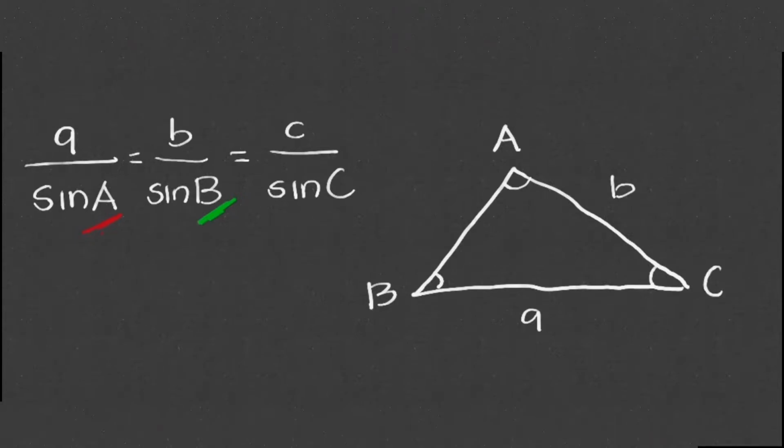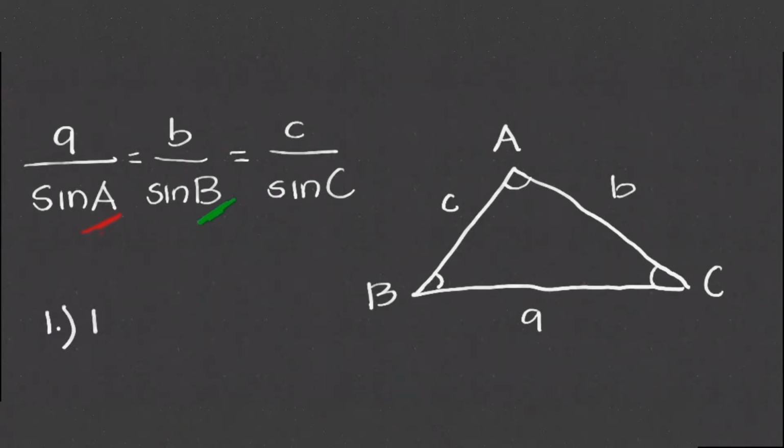Another angle, big letter C, and the line that angle forms is its lowercase, small letter c. So always keep in mind that the uppercase letter represents the angle and the lowercase letter represents the length of the sides.